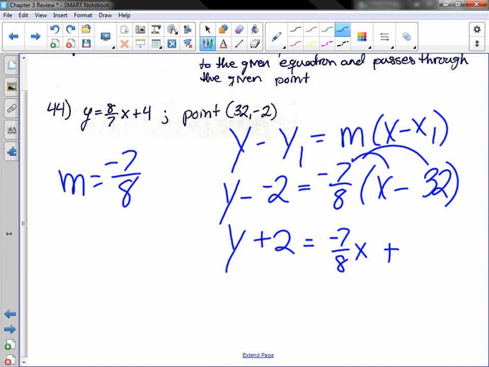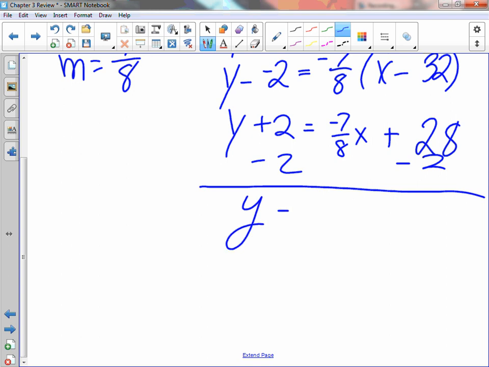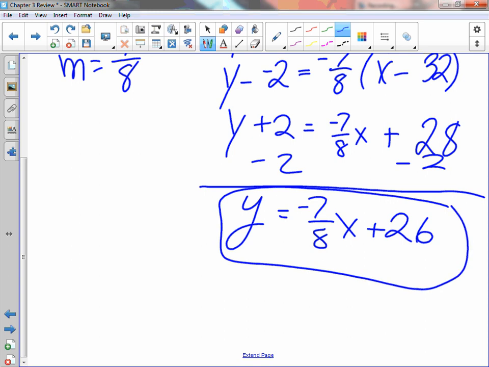And that was supposed to be negative, so it's actually positive plus 28. And last but not least, to get y by itself, we have to subtract 2, which gives us negative 7/8 x plus 26. Do we agree with everything else? I think it matches up with the rest of it except for that negative sign, yes?